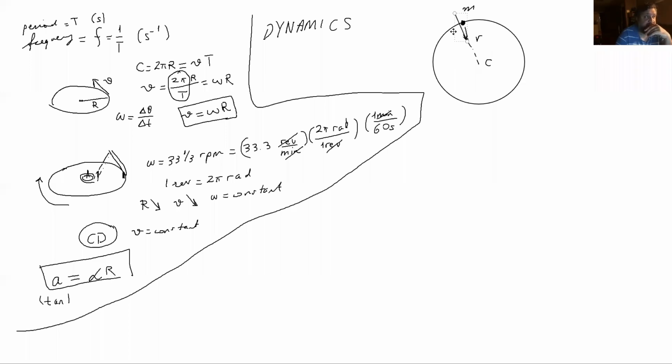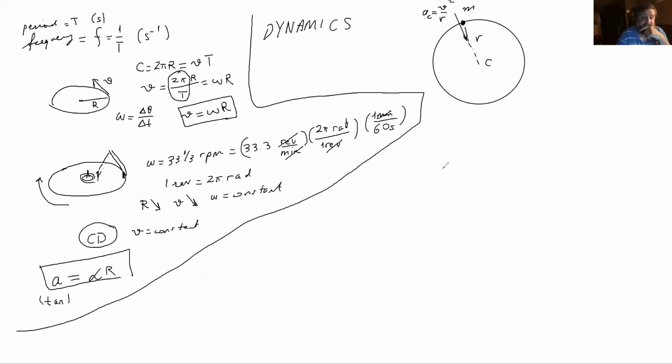Centripetal acceleration. This will never be 0, all right? So you remember the form that was derived in part 2. A_C will be equal to v squared divided by R, centripetal acceleration, all right?